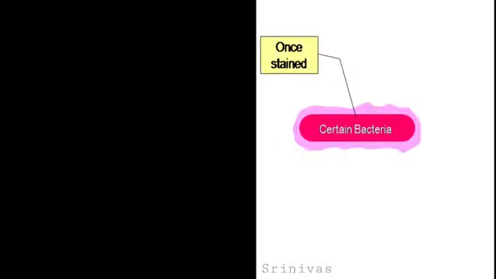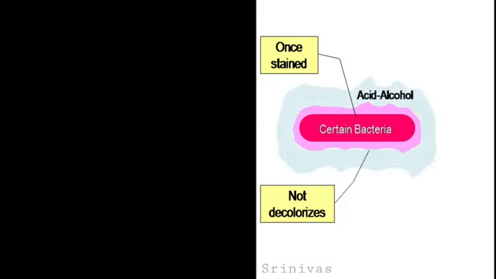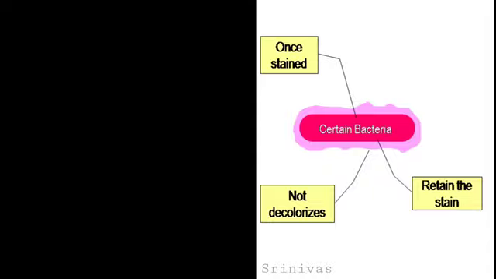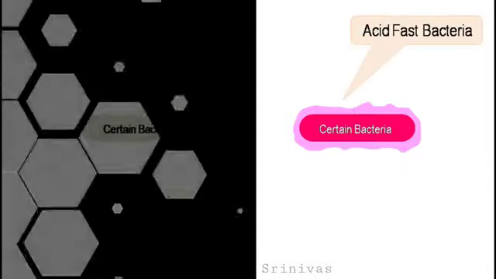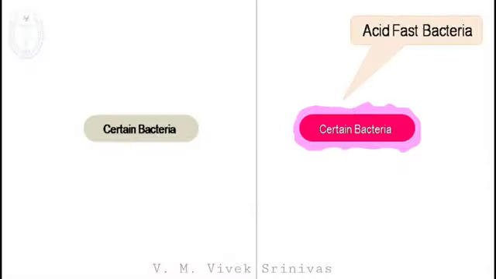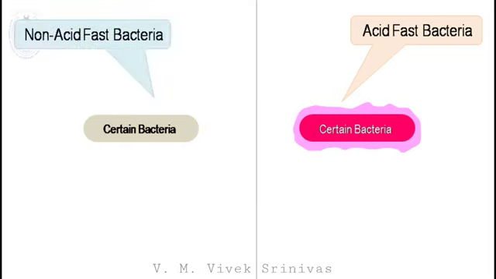But once they take up the stain, on application of the decolorizing agent, the acid alcohol, they are not decolorized, leaving the bacteria stained pink. Such bacteria are called acid-fast bacteria. The other group of bacteria, which get easily decolorized with acid alcohol, are called non-acid-fast bacteria.